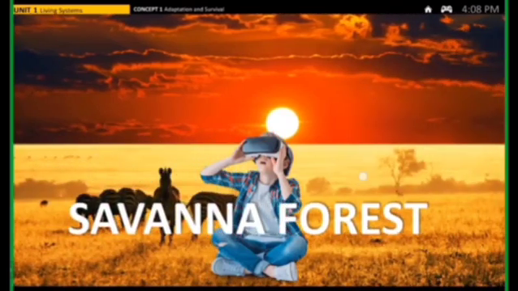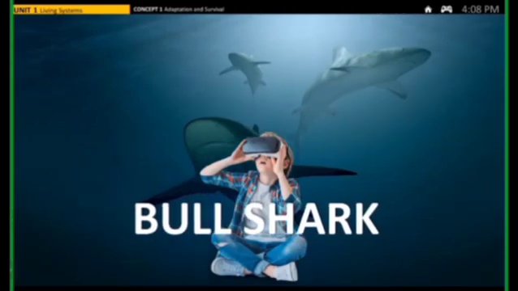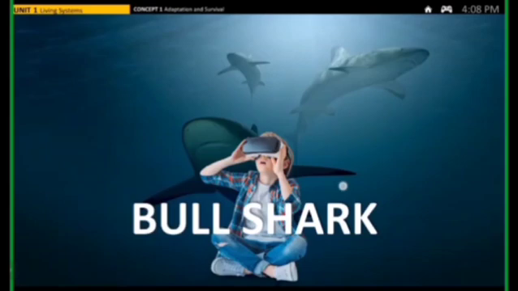This is a savanna forest. We will take adaptation in the savanna forest and the Amazon forest. Look at this. This is a shark. We know all fish live in water.